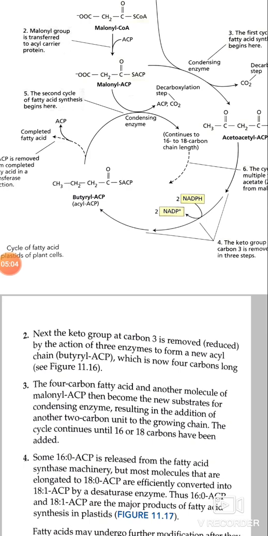Thus, 16:0 ACP and 18:1 ACP are the major products of fatty acid synthesis in plastids.